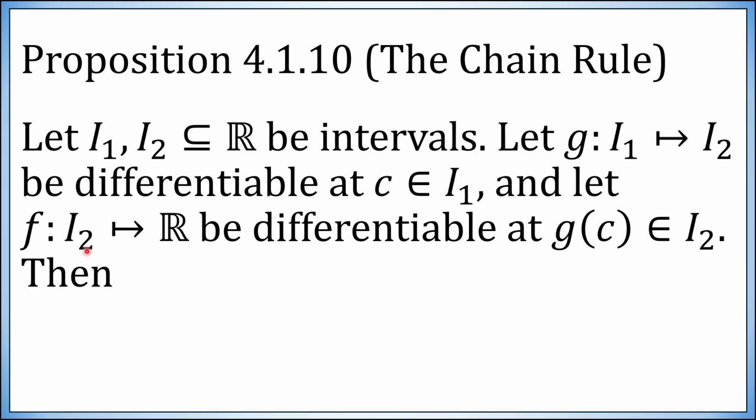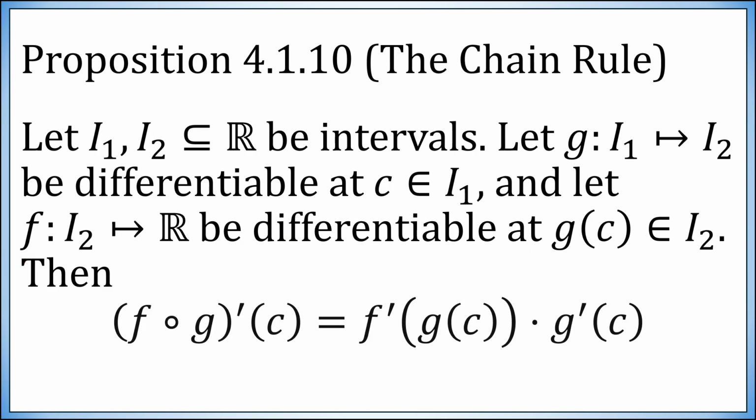I2 is the domain of f, and its codomain is whatever in the real numbers. Then we also assume that g has a derivative at c, and that f has a derivative at g of c. Then we can compose f of g, and its derivative at c is given by f prime of g of c times g prime of c.